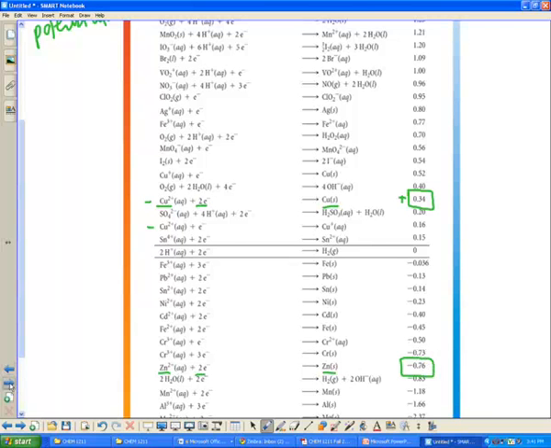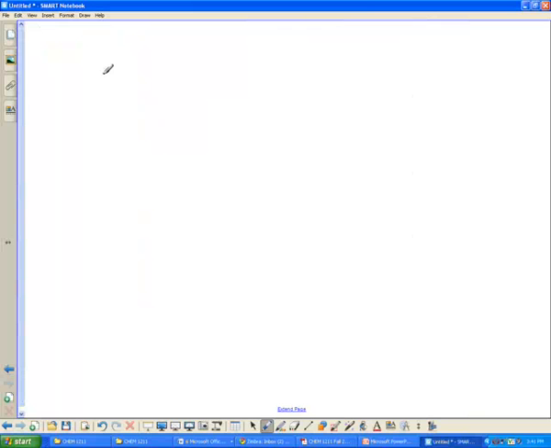So what this means is that I have this reduction reaction, copper 2+ plus 2 electrons going to copper solid, which has a reduction potential of positive 0.34 volts.